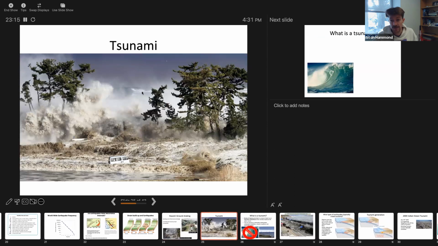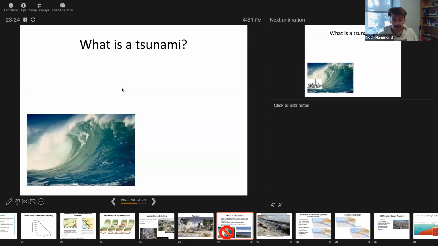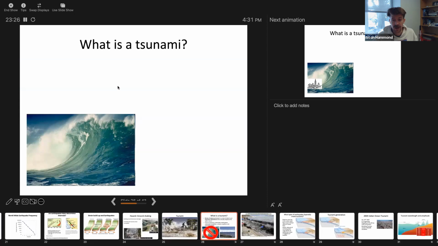Earthquakes also cause tsunamis, right? So this is an actual picture of a horrifying tsunami that occurred in Japan. Tsunamis don't really look like this, right, where they're just like a giant wave.